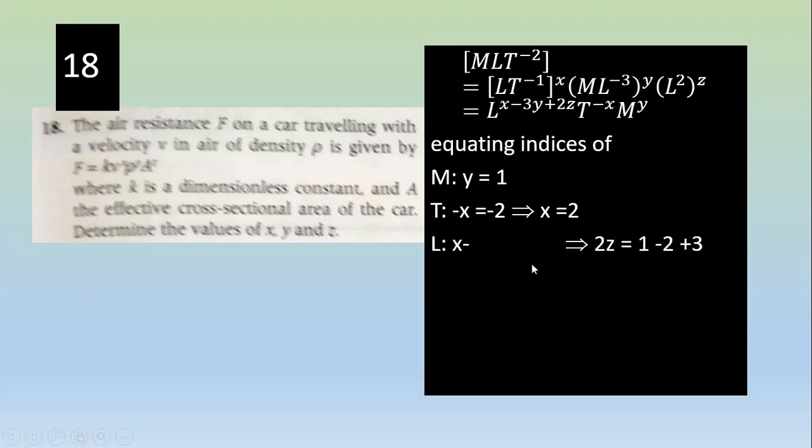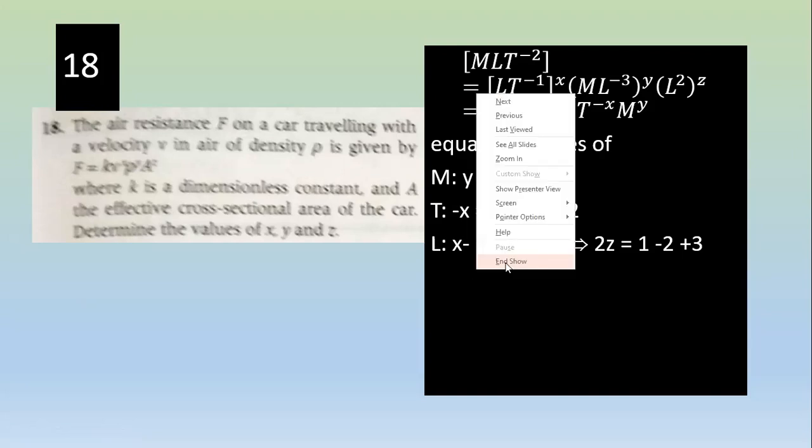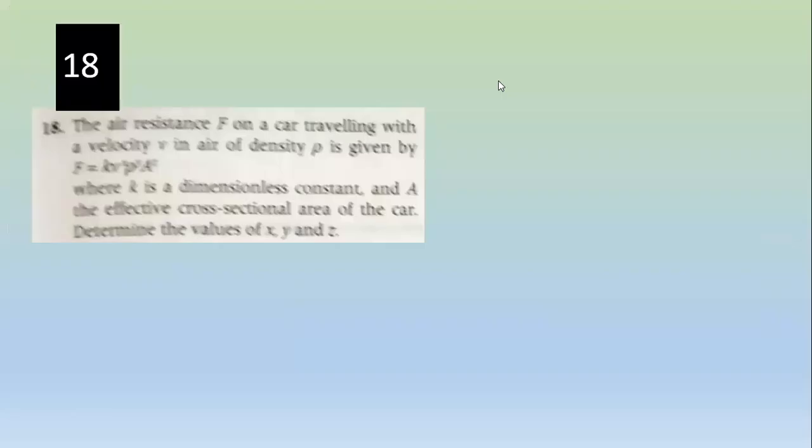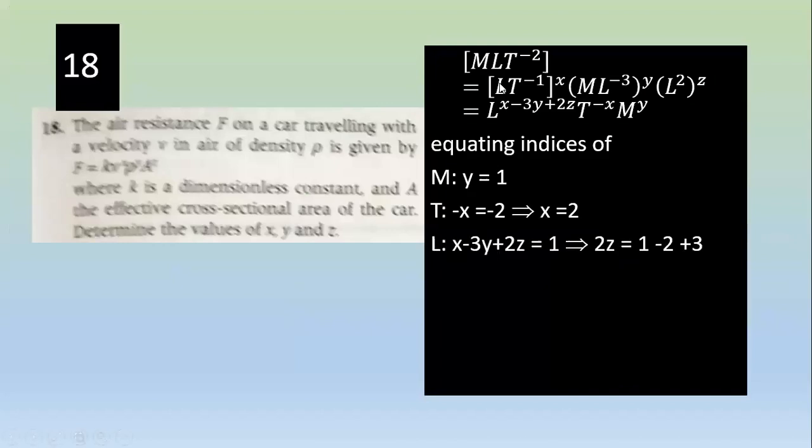Then equate your final one, your L. Okay, your X minus 3Y plus 2Z.